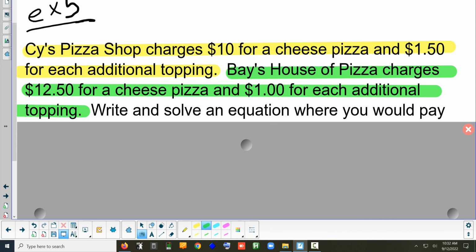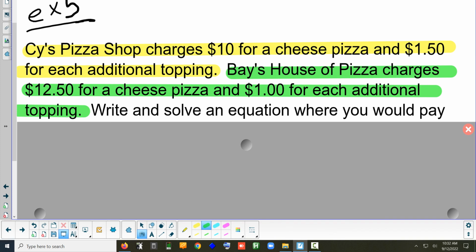So that's the other pizza place. So they charge more money for the pizza, but they charge less money per topping. So depending on how many toppings you want to get, one pizza place might be better than the other. Depends. If you don't want any toppings, well, then I would just go with the place that sells the pizza cheaper, because you're not going to get any toppings.